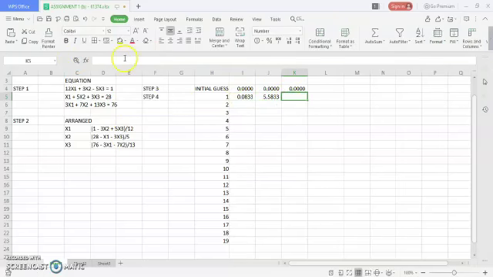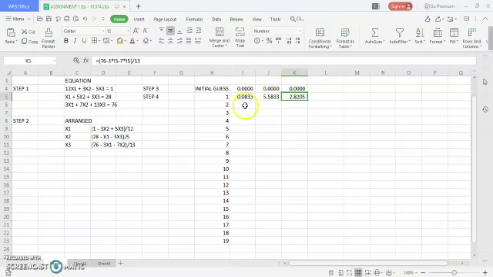Then we do the same for x3. Use this equation, 76. Don't forget the equal, open bracket, 76 minus 3 times the x1 that we got just now, times x1, minus 7 times x2, divide by 13.